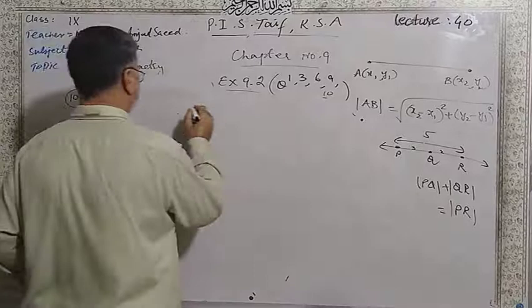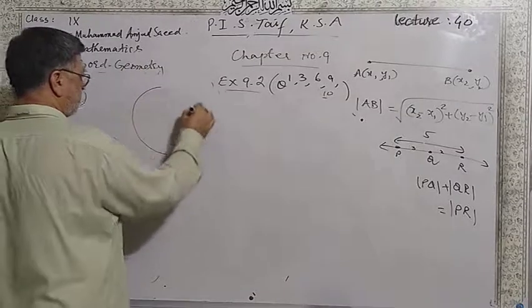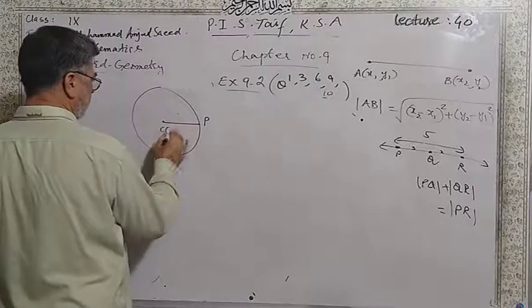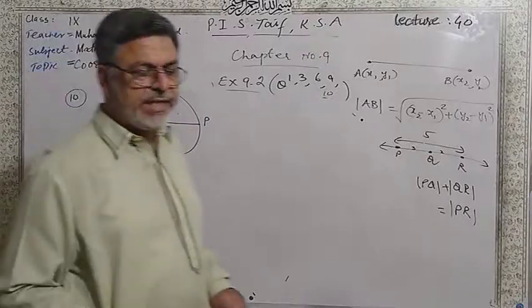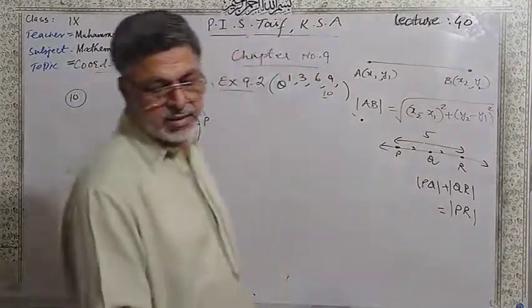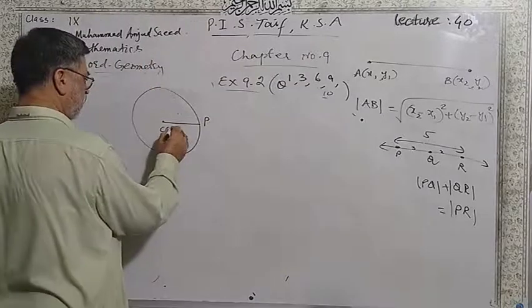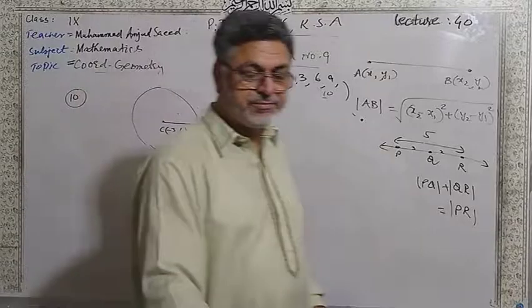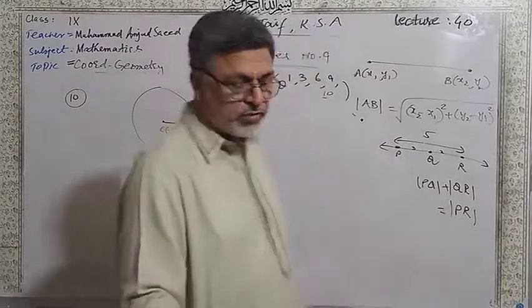Here is a circle. C is the center of the circle, (-3, 6), and P is (1, 3).